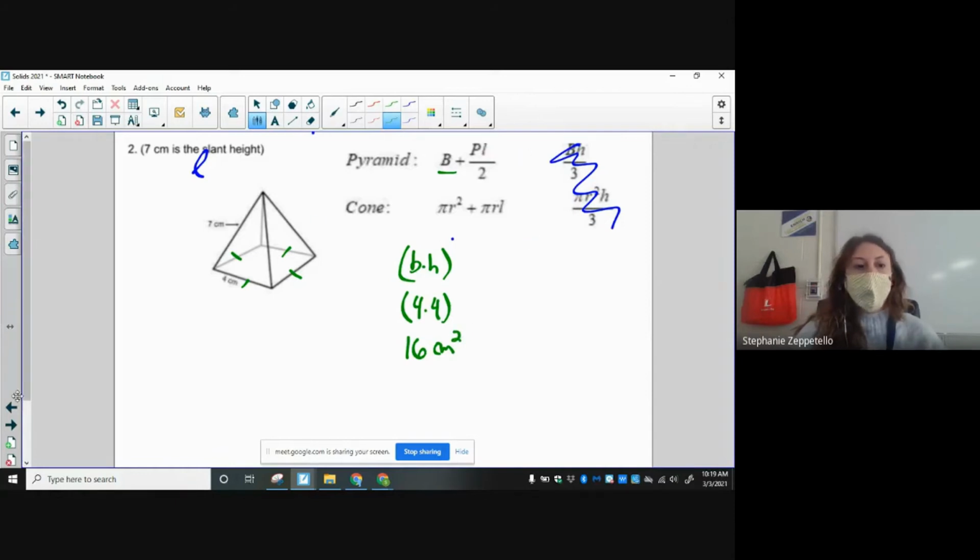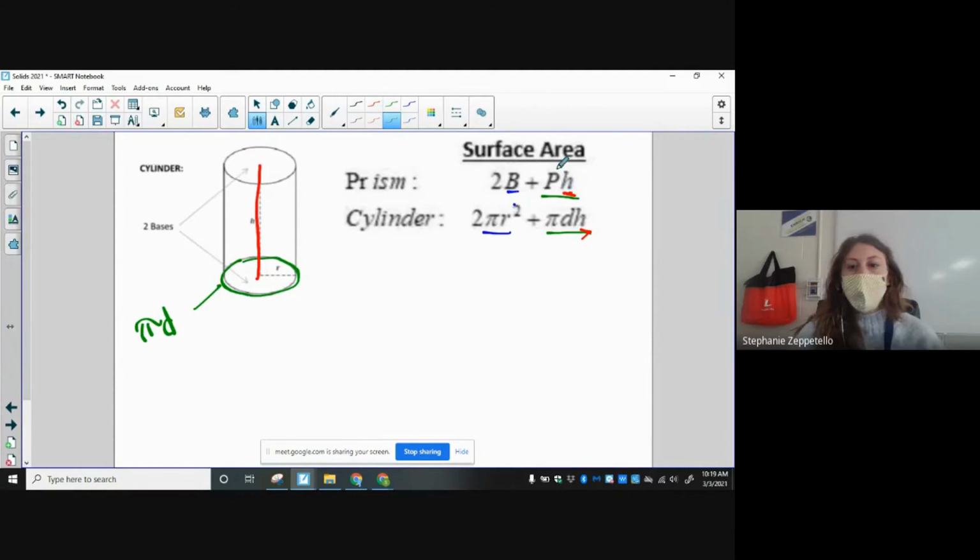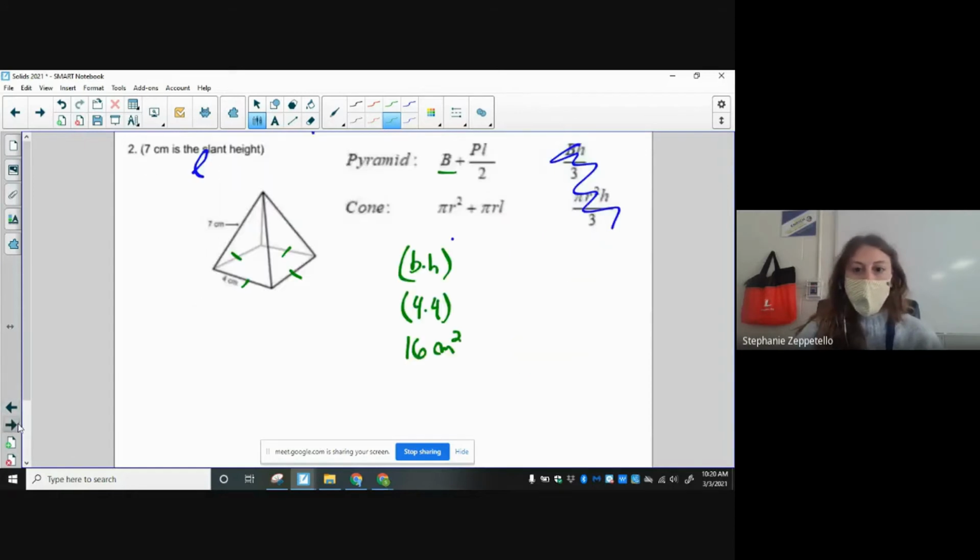And then this part. So again, for a prism, it was the perimeter of the base times the height, because this was based on the area formula for a rectangle, because the lateral faces were rectangles. Instead of just base times height, however many times, you're just collecting the bases. So let's see what's happening now. The lateral faces aren't rectangles, they're triangles.